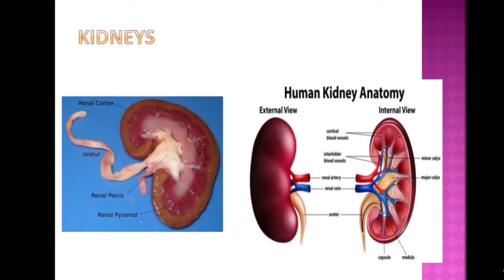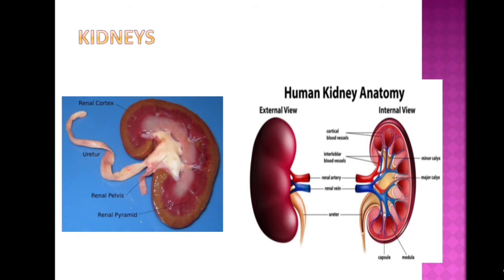First is the kidney. You can see two figures here. The first is what our kidney actually looks like, and the next figure is a diagram of the kidney showing how it looks in external view and in internal view.